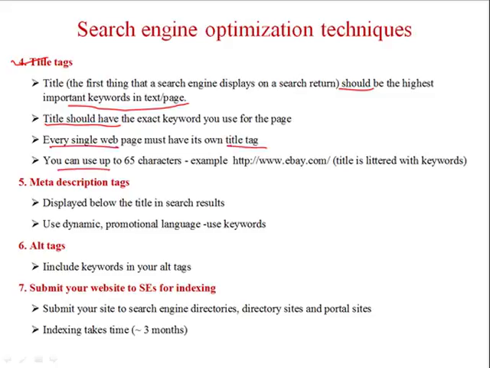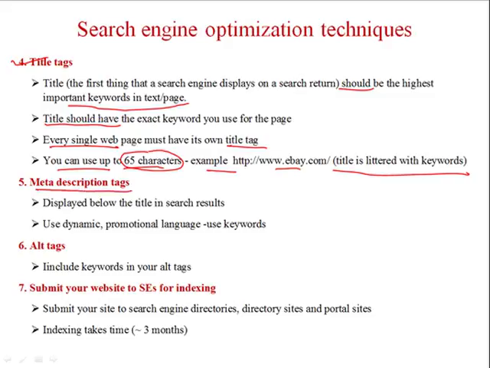You can use up to 65 characters. For example, a title littered with keywords is bad. So title should be small, very effective, and highly related to the content of the page.